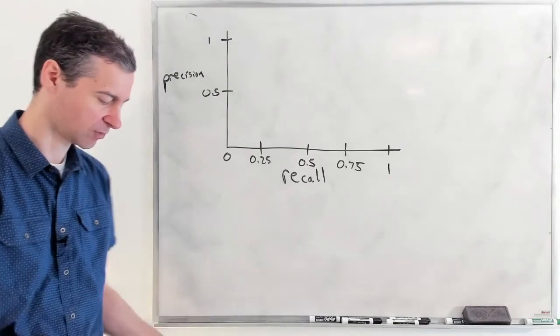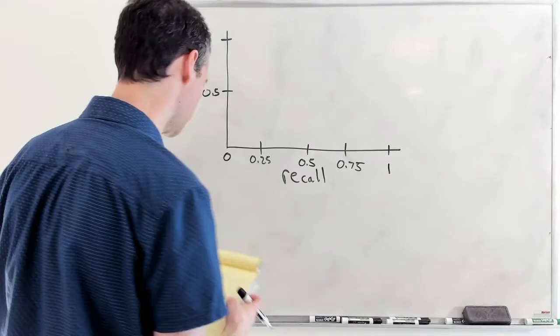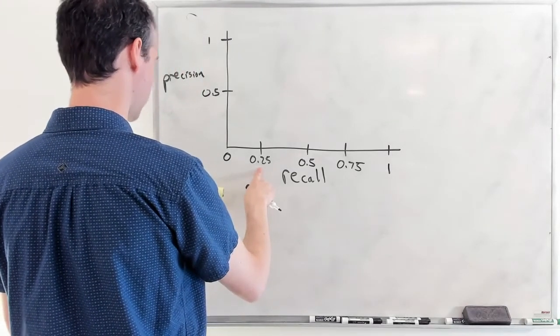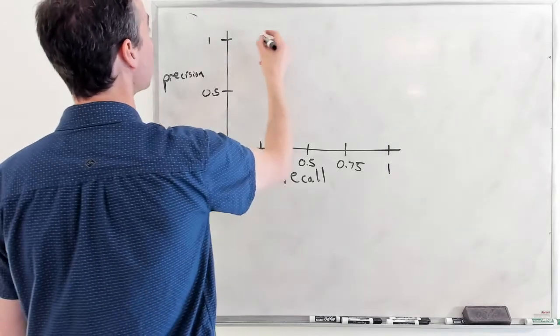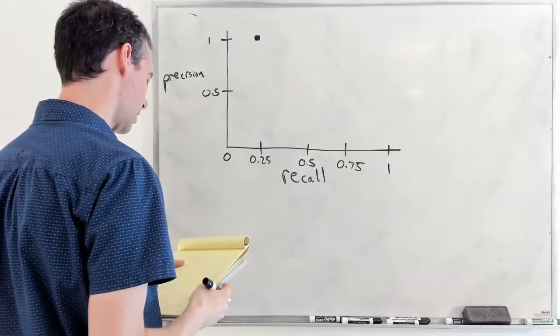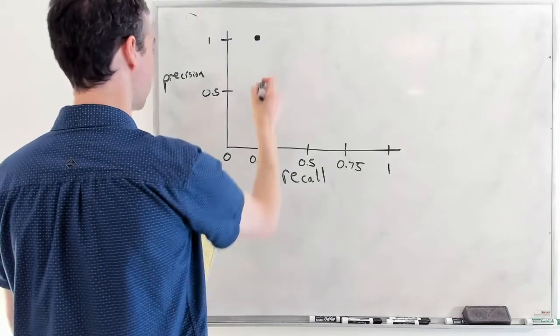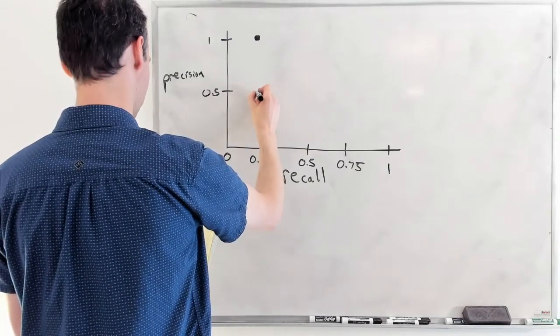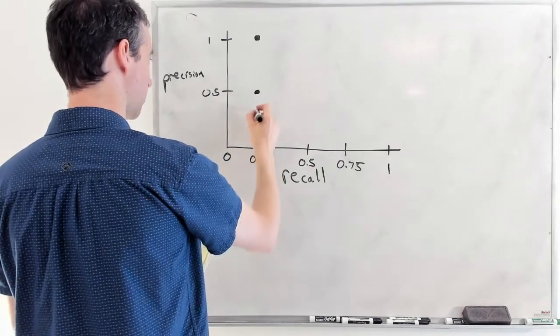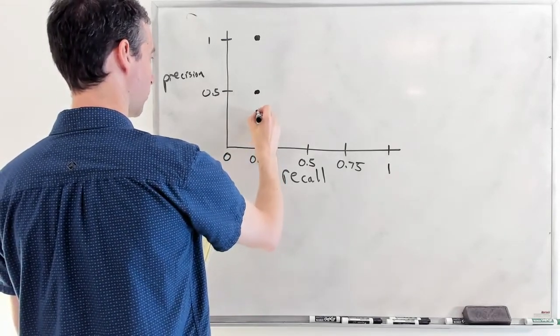The first point was at 0.25 and 1, and so we had a point there. The next one, the recall didn't change, but our precision dropped down to 0.5. The next one, our precision drops down to 0.3.